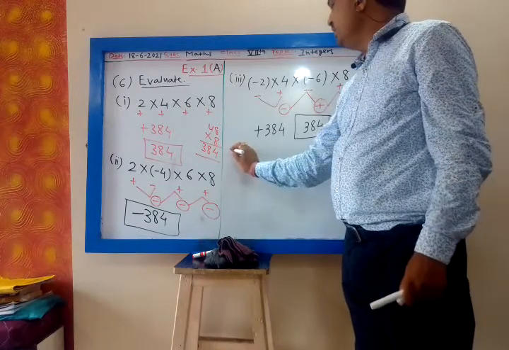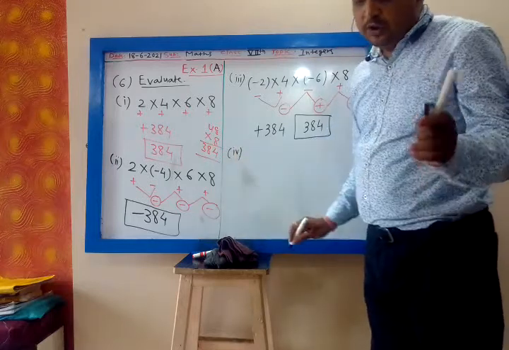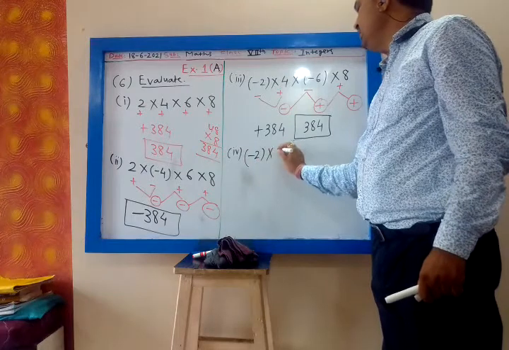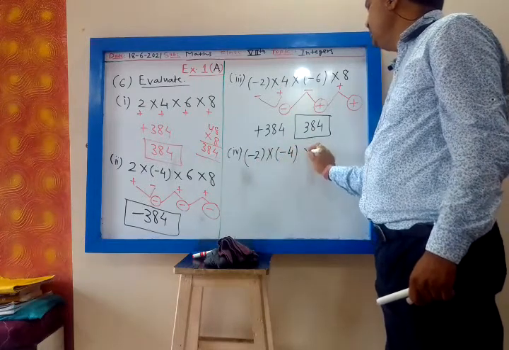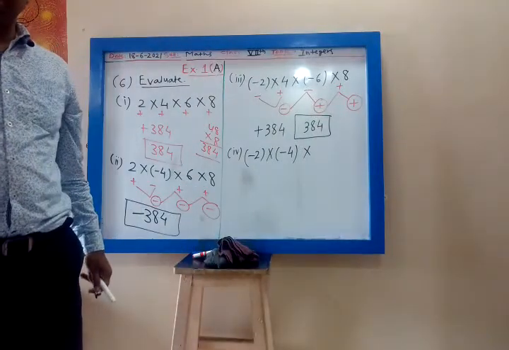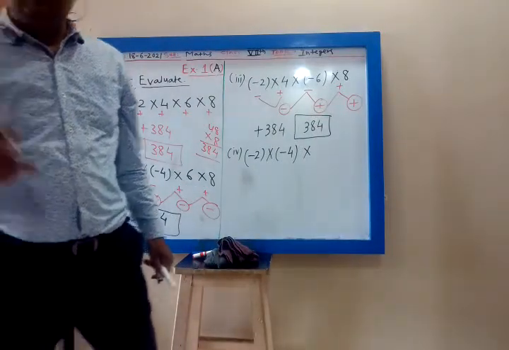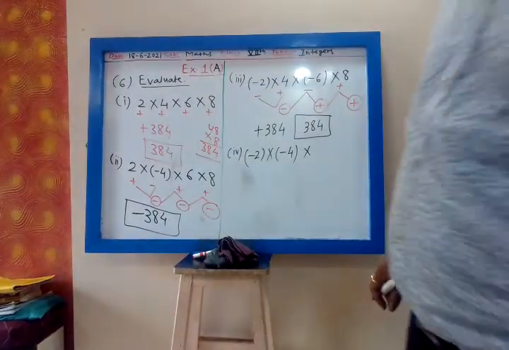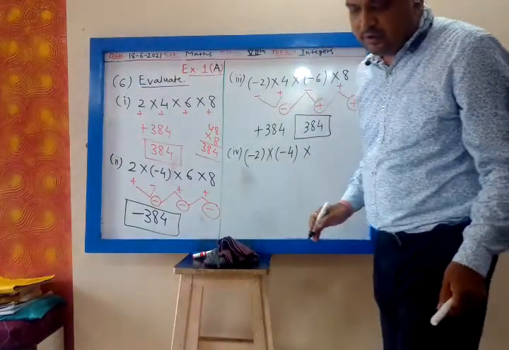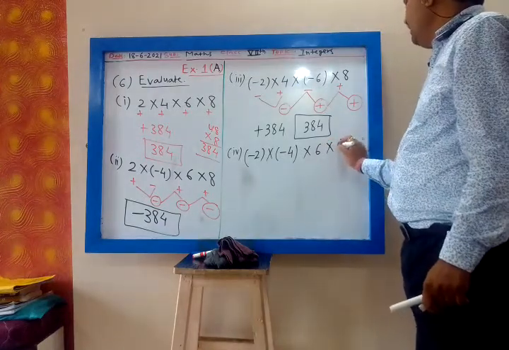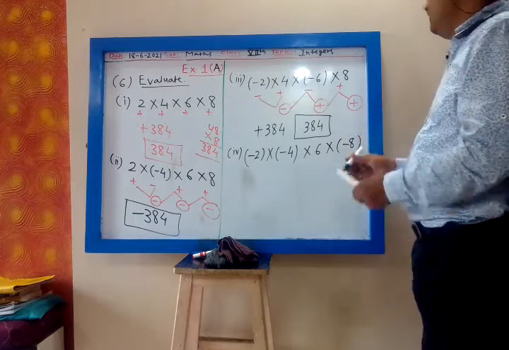Then fourth is 2 into minus 2, minus 2 into minus 4 into 6 into minus 8. Whenever it is multiplication of integers, first you have to multiply the sign. One minute.